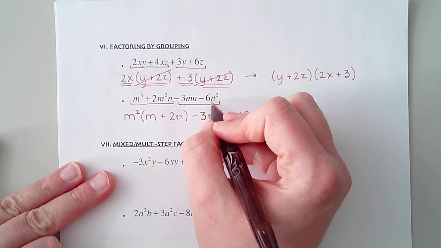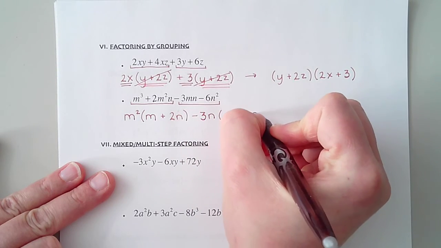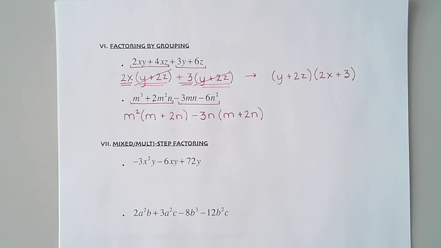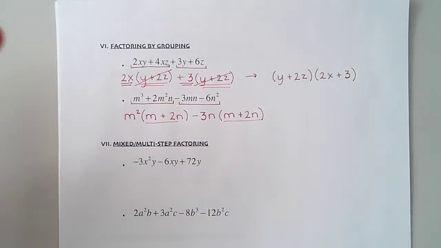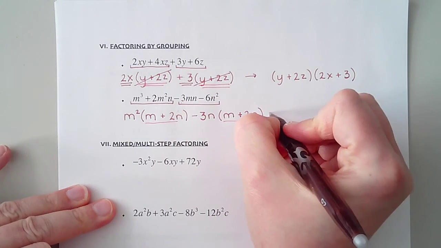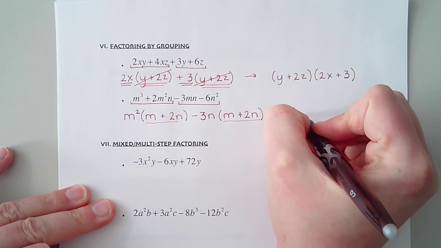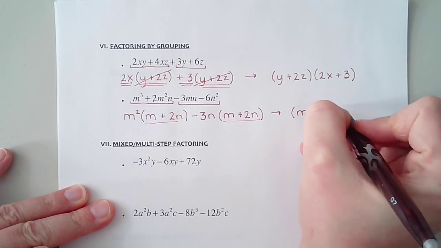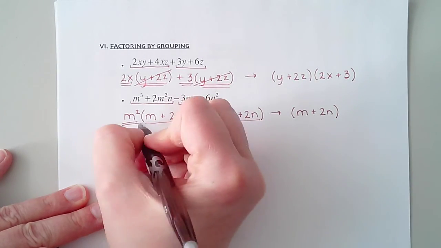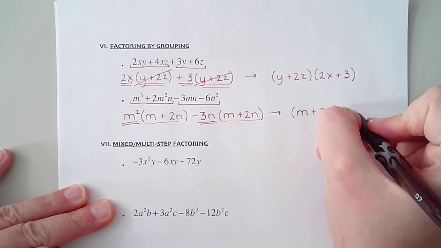And let's see, I took out one n, so from that n squared, I would have one n left. Okay, that worked out nicely, right? This and this match. So I'm going to put that parenthesis out first. Really doesn't matter that it's first, but that's the idea with GCF, that you put it in front. And then I'm going to say what's left over, this m squared minus 3n.